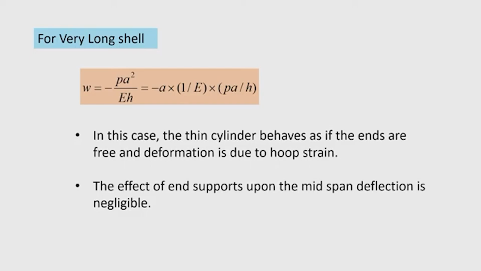So, the particular integral does not appear in the shell deflection equation, and there is no question of applying the boundary condition, because the shells are very long and the boundary condition will not affect the deflection at the mid span. So, these two conclusions we can arrive at from this expression.